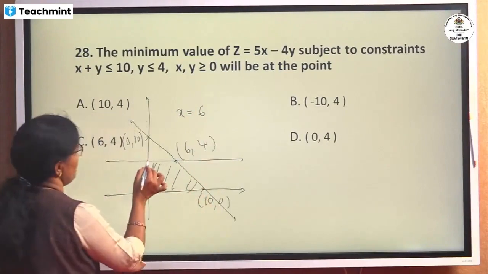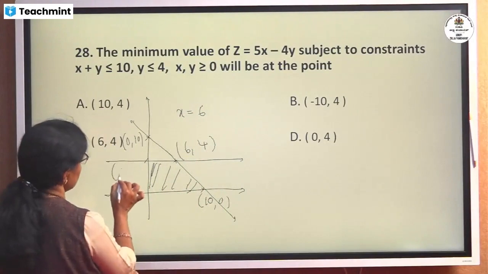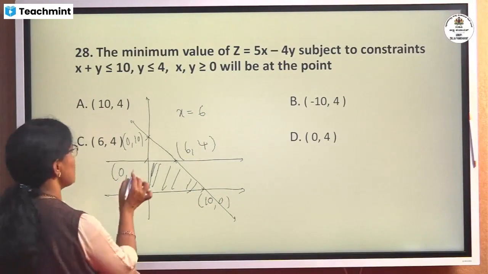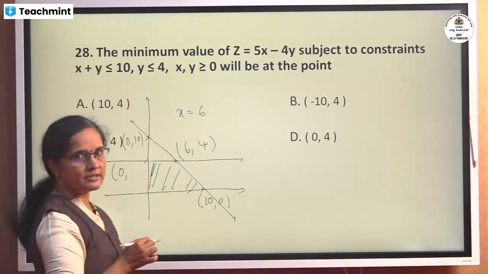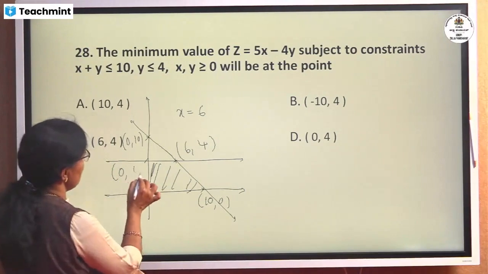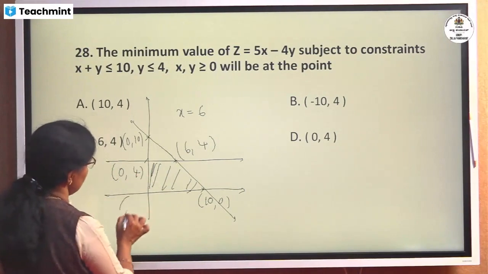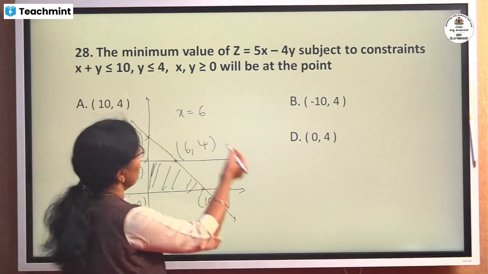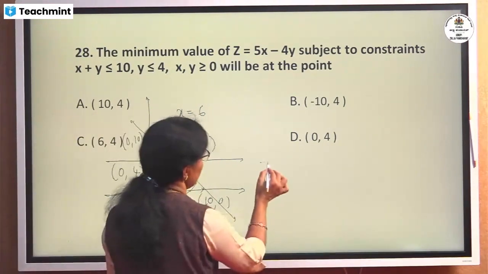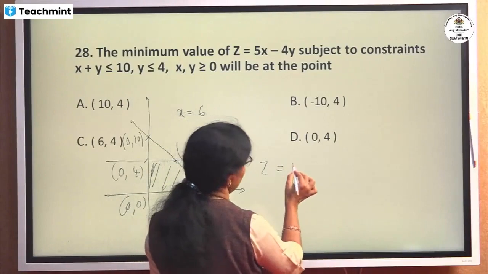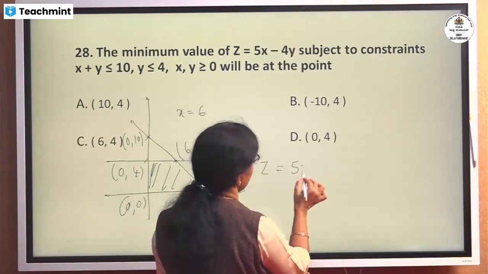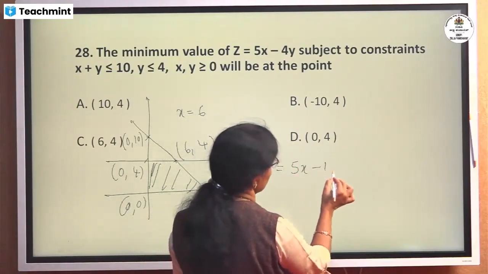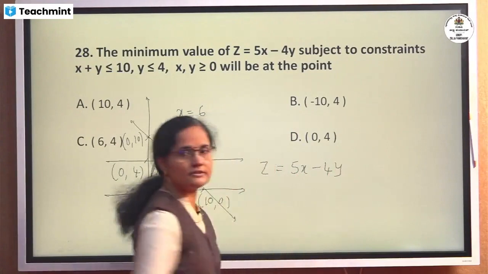So what are the points of the feasible region? These are the corner points. What are the optimal points that you get here? 0, 4, and here 0, 0, and here 10, 0, and 6, 4. But here you have the objective function, that is 5x minus 4y.